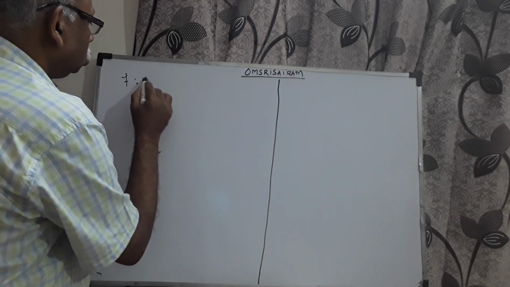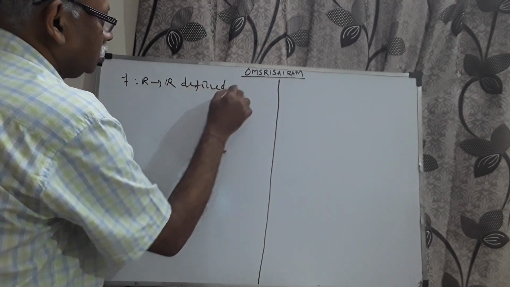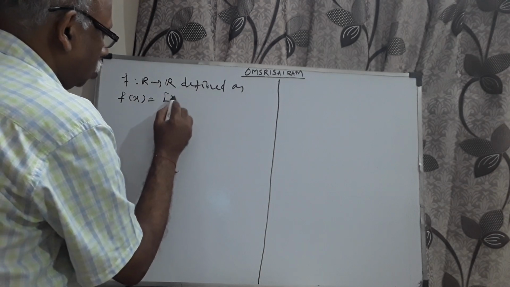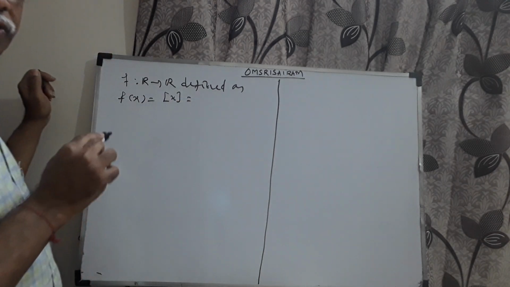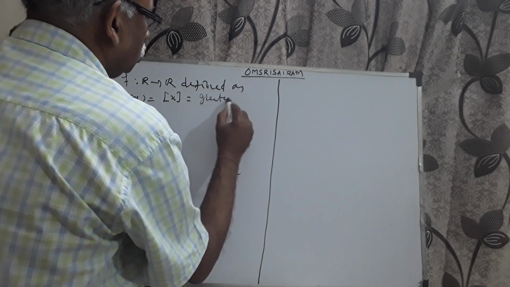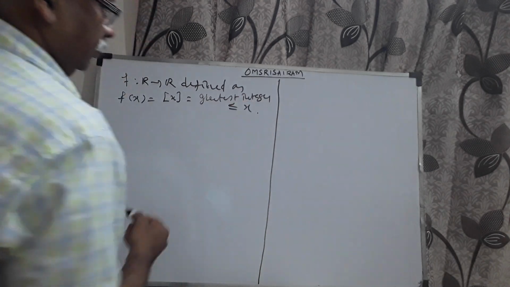F from R to R defined as f of x equal to box x. Since the box notation is used, I call it box x, is equal to the greatest integer less than or equal to x.